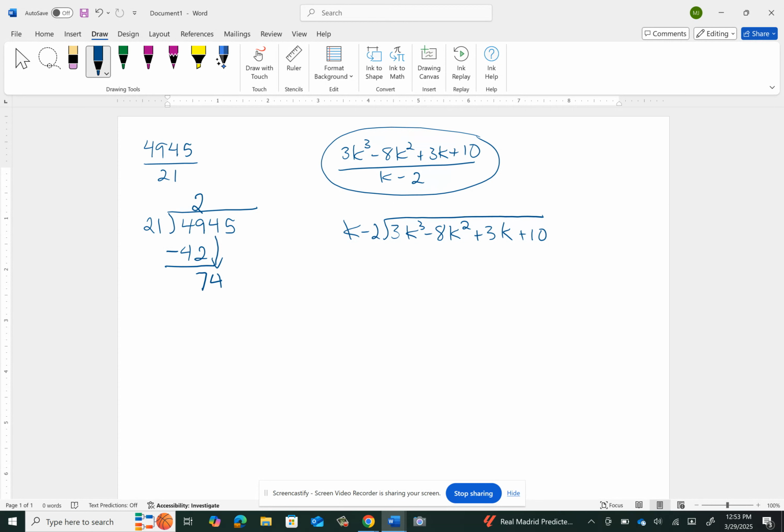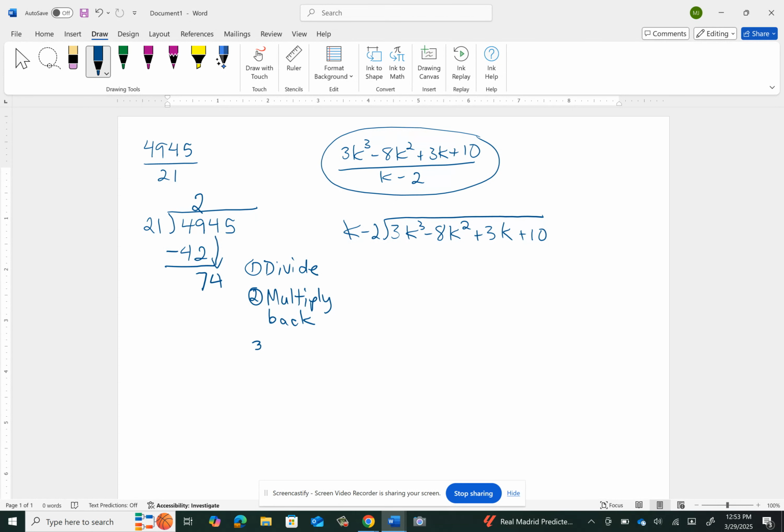So I'm going to jot those down. The first thing we did was to divide. The second thing we did, and got the 2, is we multiplied, and I'm going to say multiply back to remind us that we have to multiply that 2 times the entire 21.